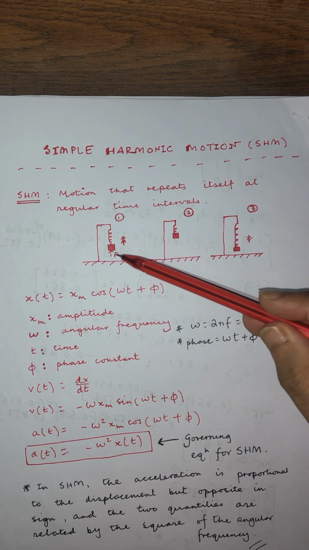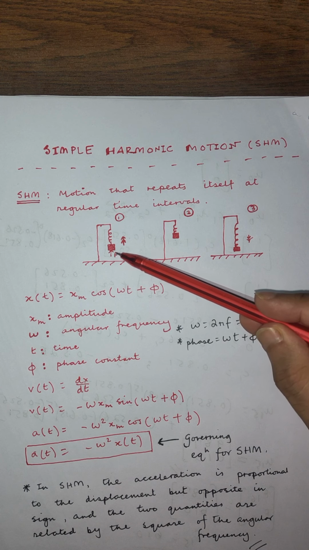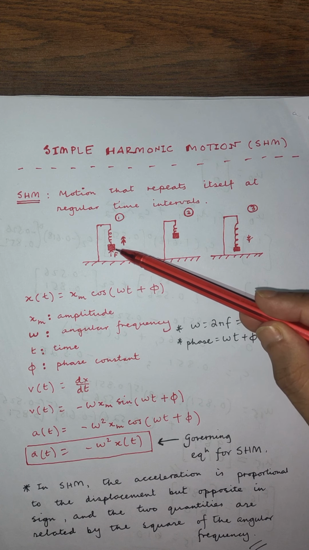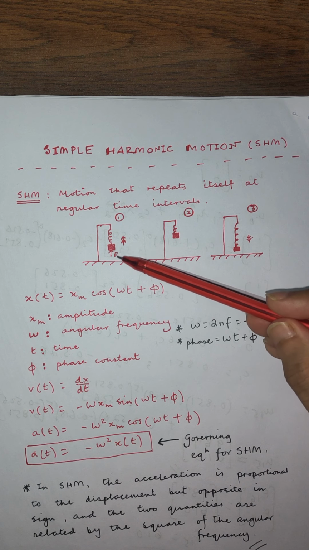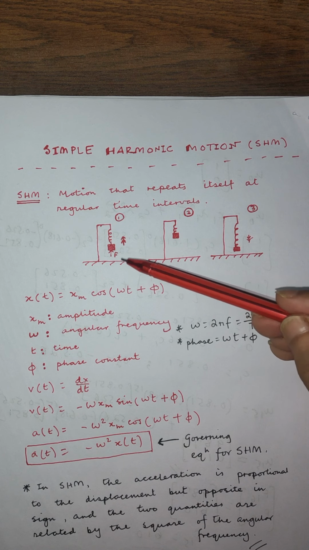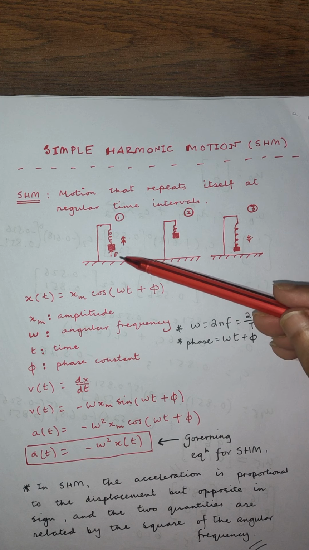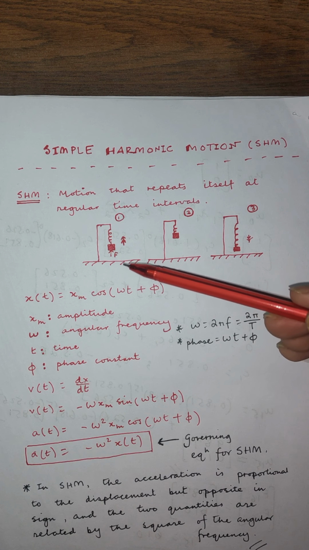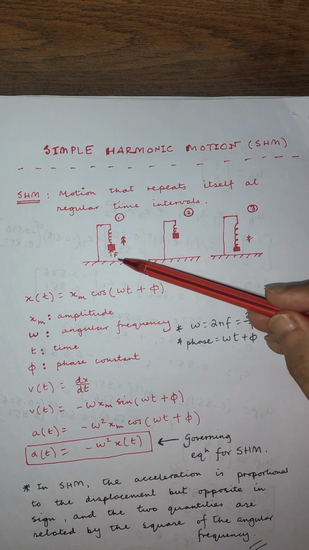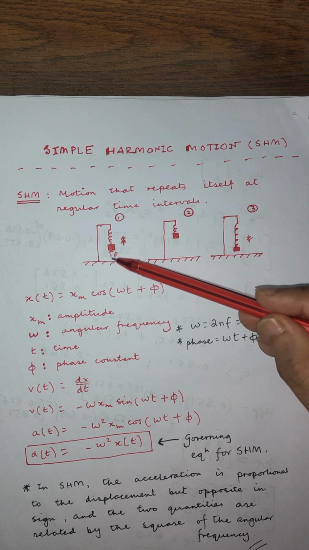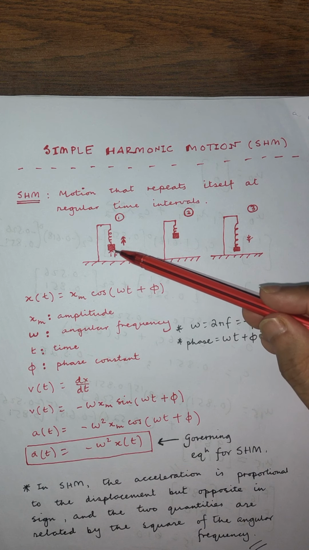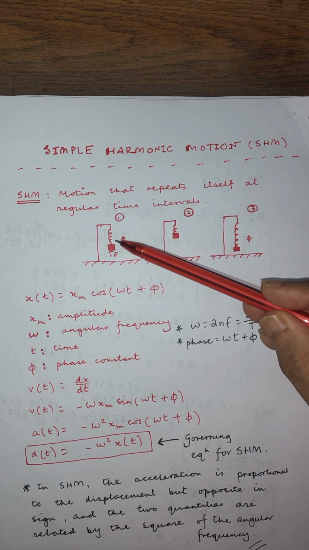What I can do is apply an upward force on this mass, and what we are all supposed to see is a repetitive motion. So once I apply this upward force F, this block would start moving up.